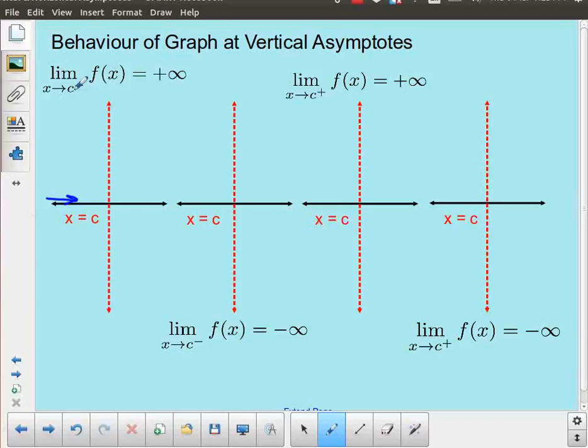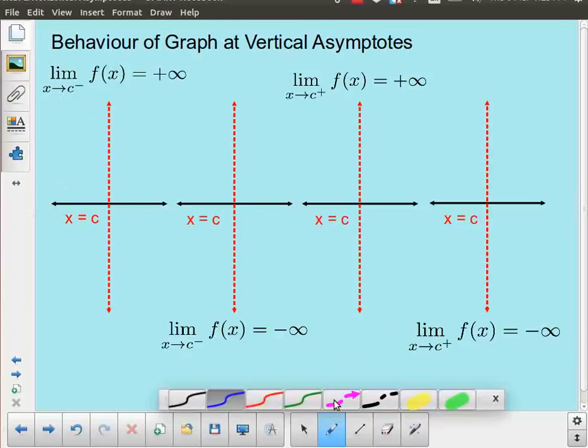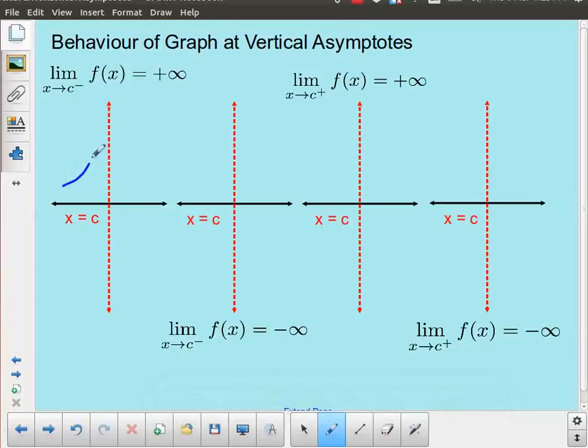Sometimes you'll hear me say as x approaches c from below. That means a value that's less than c. So in this case, as I approach from this side, it's saying that the limit goes to positive infinity. So that's saying that as I approach c from this side, as I get closer and closer to c, my curve is going to head towards positive infinity.